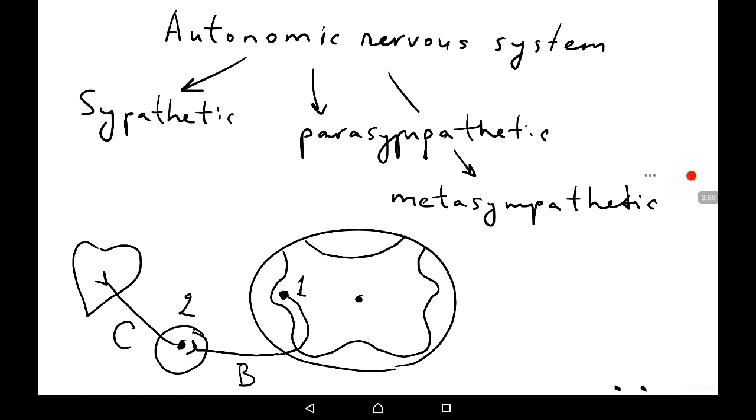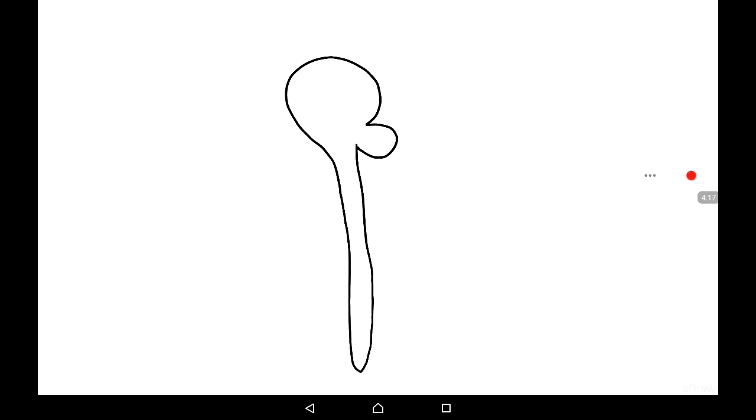And now we will focus on the differences between the sympathetic and parasympathetic divisions of the autonomic nervous system. We will draw the central nervous system, brain and spinal cord, and on the left side we will draw the sympathetic, and on the right the parasympathetic nervous system.